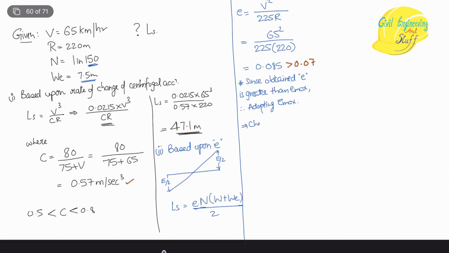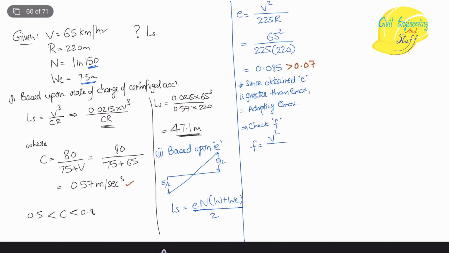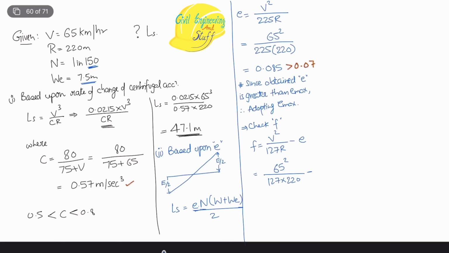So after this, what is the next step? Next step is to check F, that is friction, the coefficient of lateral friction, that is F equal to V square divided by 127 R minus E, is equals to 65 square divided by 127 into 220 minus 0.07.